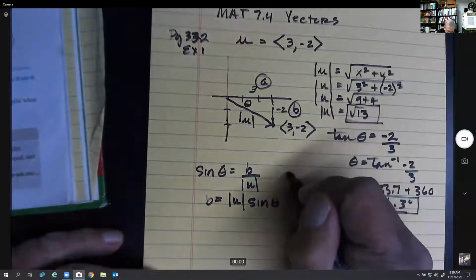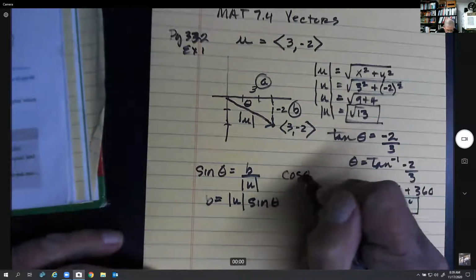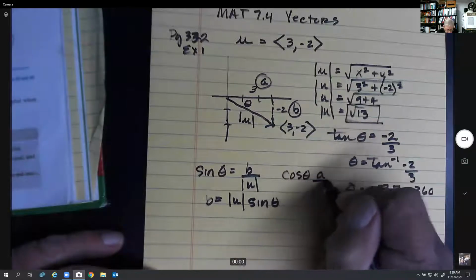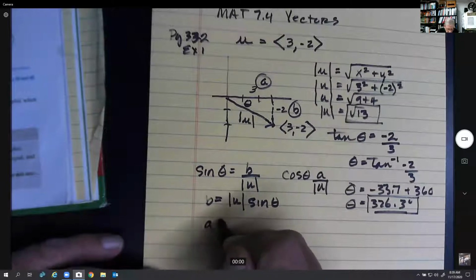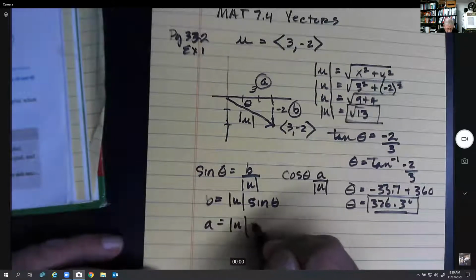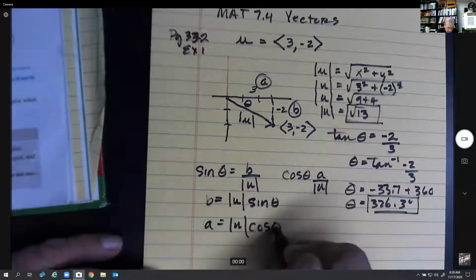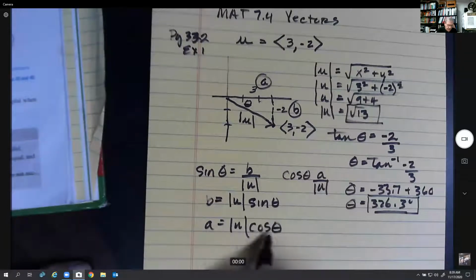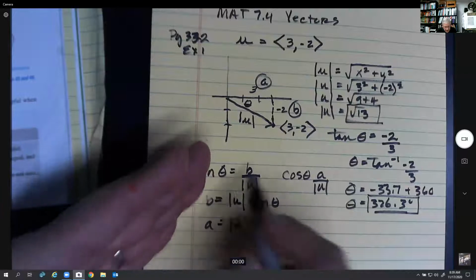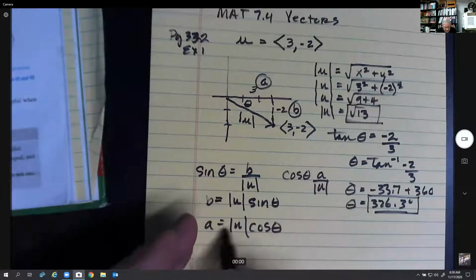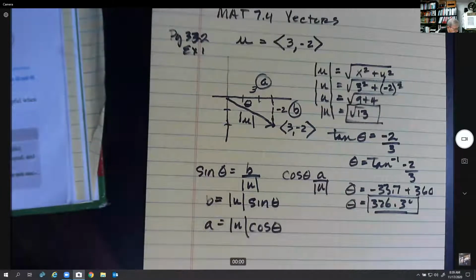Likewise, if we had the cosine of theta, cosine theta equals A over U. So we could rewrite that as A is equal to the magnitude times the cosine of theta. So sometimes it's easier to have it in this form if we were looking for the angle, but if we were looking for the side, it's probably easier to do it that way.